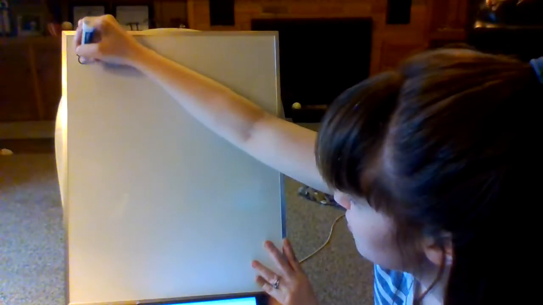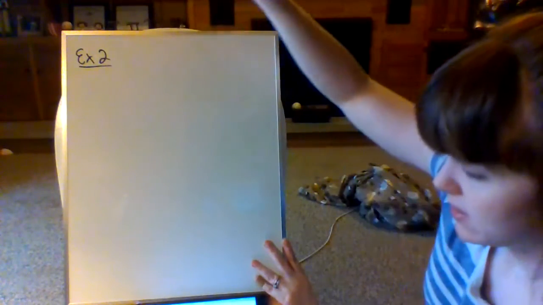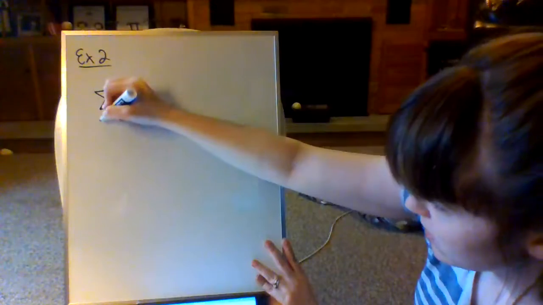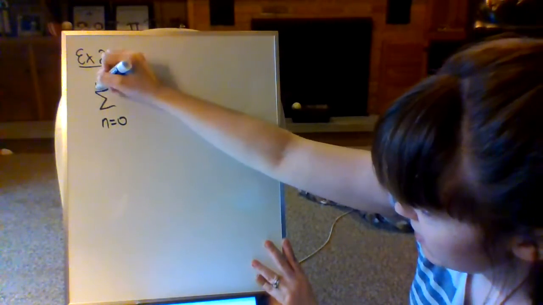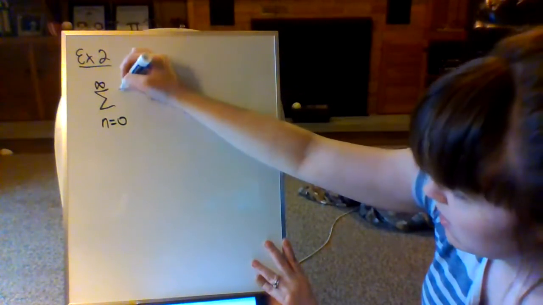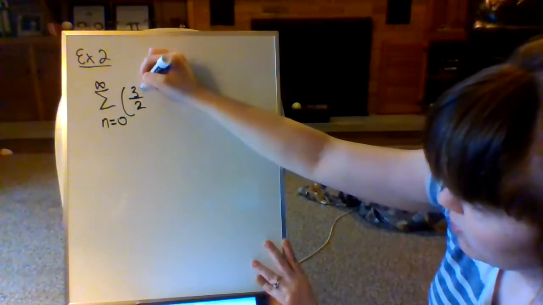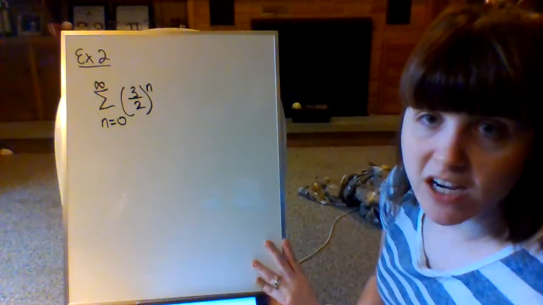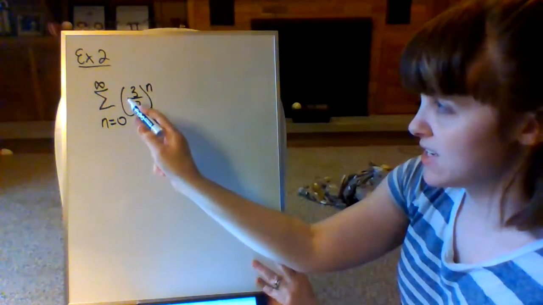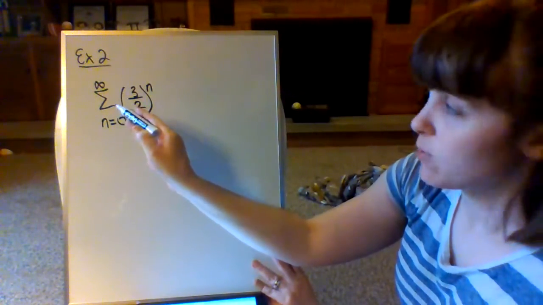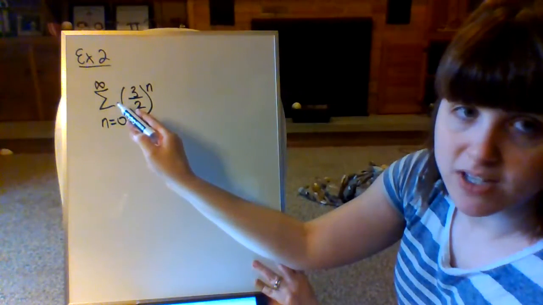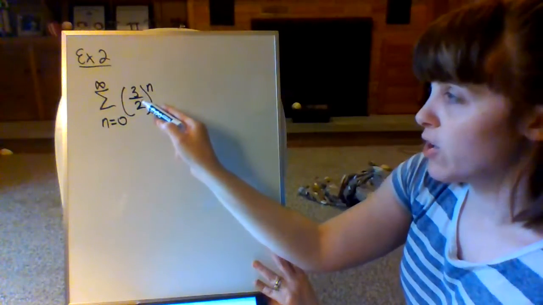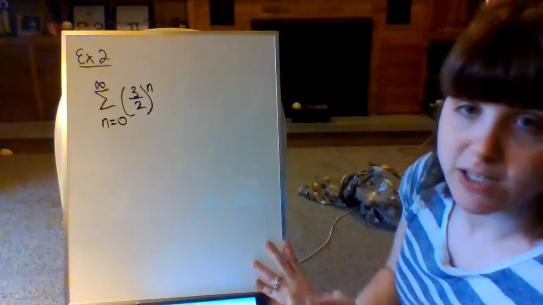Alright, example 2. We have a summation starting with n equals 0 up to infinity of 3 over 2 to the nth power. Now, you might be saying, I don't see a number in front of this, so how do I know what a is? Well, if you do not see a number in front of this, it's implied that it's a 1. So your a would be 1. But our r is this number right before the exponent of n.